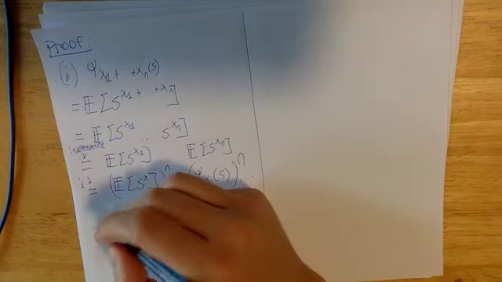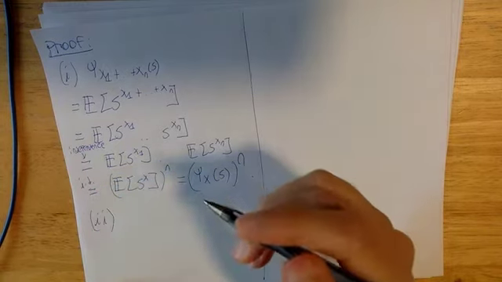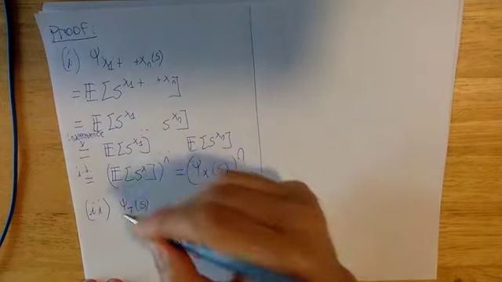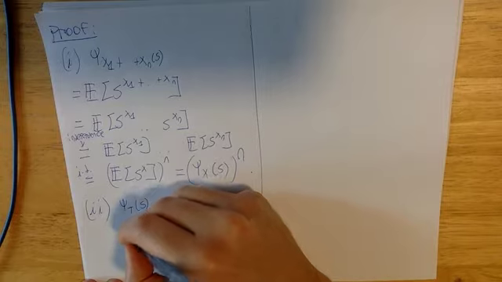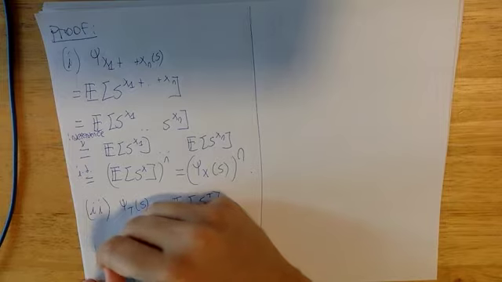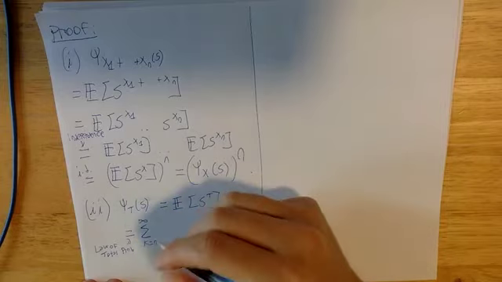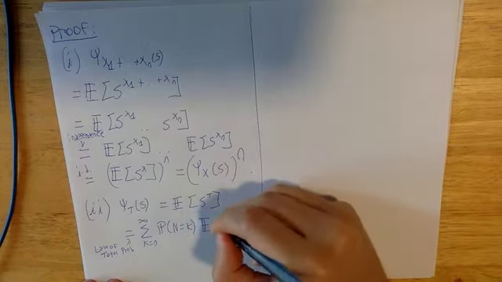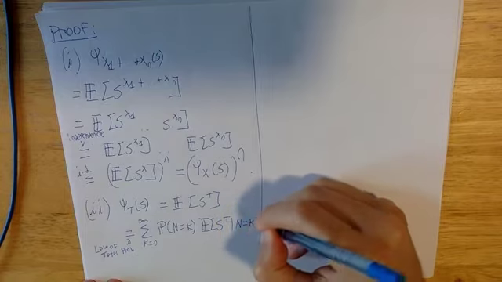Okay, for the second one, we do the same trick of law of total probability. So phi t of s is the expectation of s to the t, which is by law of total probability the sum from k equals 0 up to infinity of the probability that n is equal to k times the expectation of s to the t given that n is equal to k.